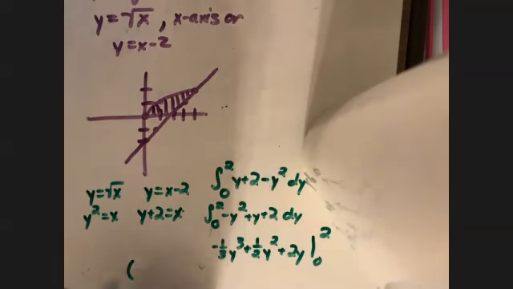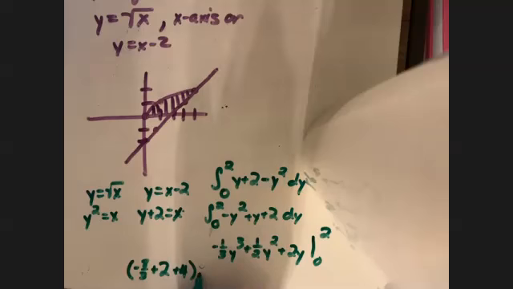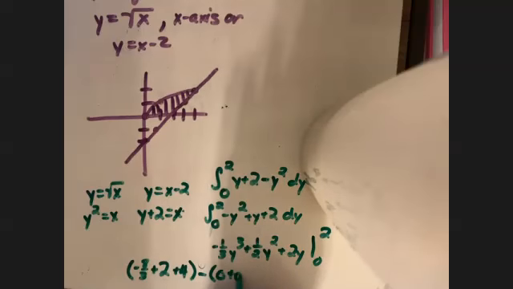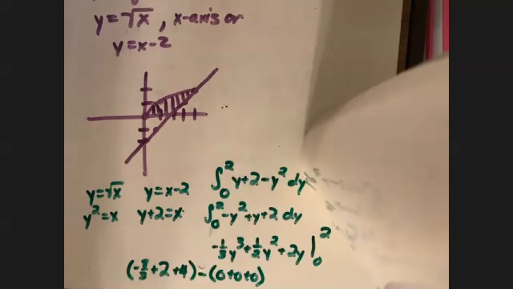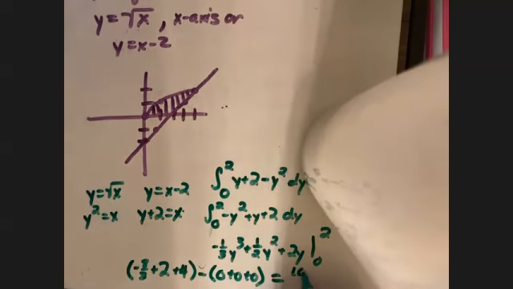So that's going to be -8/3 plus 2 plus 4, minus 0 plus 0 plus 0. Again, I'm going to use a calculator here, and this is going to be 10/3.